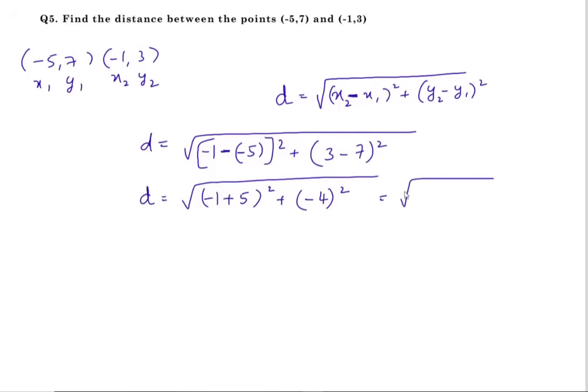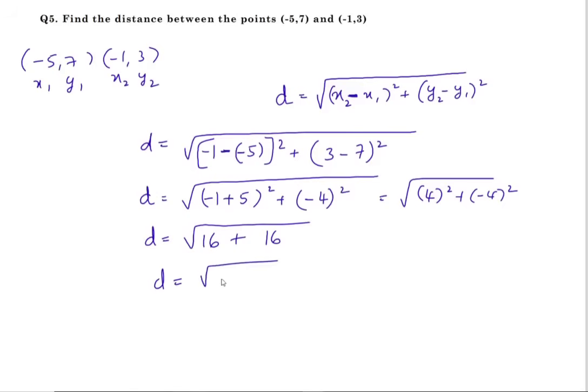What do we get? Minus 1 plus 5 is 4 square plus minus 4 square. D equals square root of 4 square is 16 plus minus 4 square is also 16, because minus into minus is plus, 4 into 4 is 16.